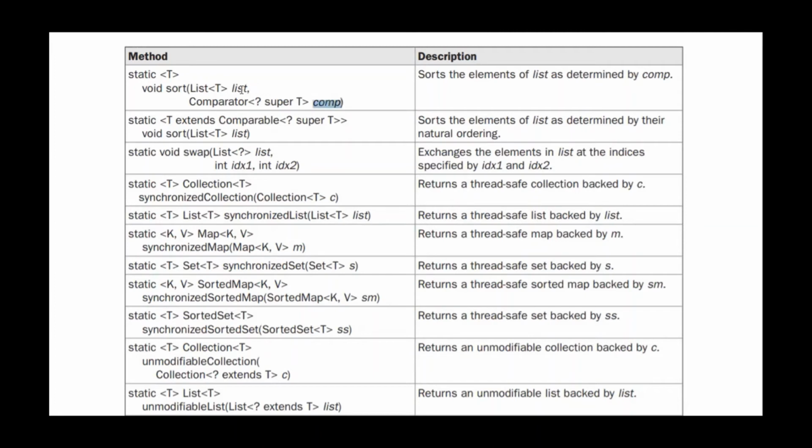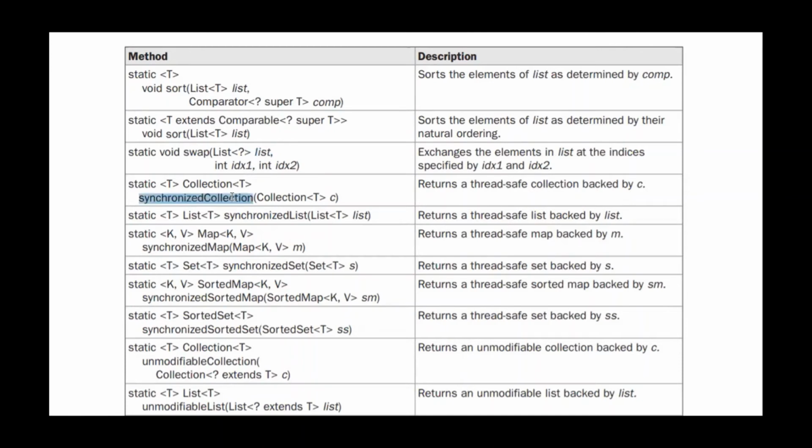So the comparator and the list are both passed, and it will sort the elements. Then the sort method where only the list is passed sorts the elements of the list as determined by the natural order. Then swap. For swapping, we pass a list and two indexes, and the objects present at these two indexes get swapped.